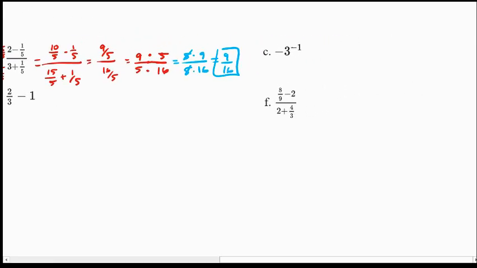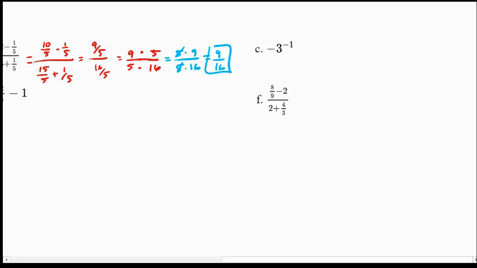For C here, we have -3 to the power of -1. When I'm doing this problem, what we've got to be careful of is that this is very different than this. It's not (-3) to the power of -1. It's almost like saying -1 times 3 to the power of -1. The reason that is different is because of order of operations: exponents have to be dealt with before multiplication.